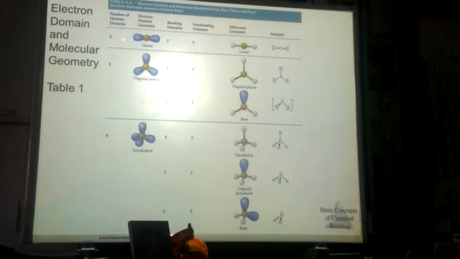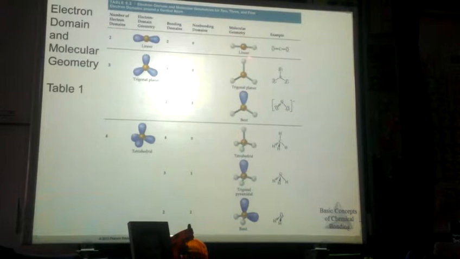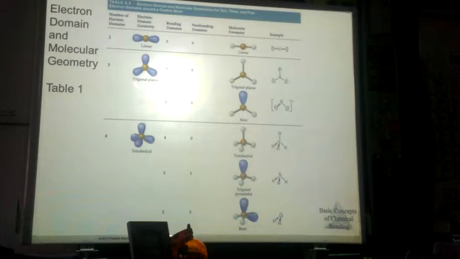Just let me know, post on the blog, and I'll make a copy of that for tomorrow. So if I look at linear, there are no other little subcategories of linear. So ultimately, to be linear, it's 2 bonding domains and 0 non-bonding, and so its molecular geometry is just linear. But if I look at trigonal planar, the one that has 3 electron domains, if it has 3 bonding and 0 non-bonding, it's still just trigonal planar.